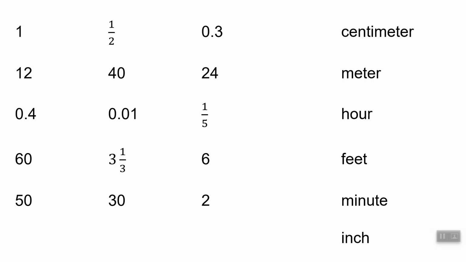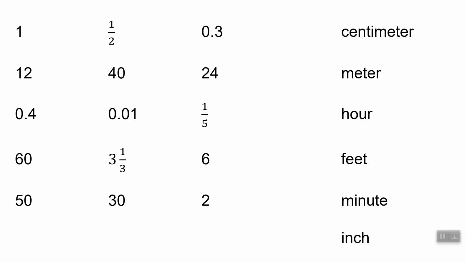A couple of the harder ones: 1/5 of an hour is equal to 12 minutes. There's 60 minutes in an hour, and 60 divided by 5 is 12. So again, 1/5 of an hour is 12 minutes. And then this one's a really odd one.